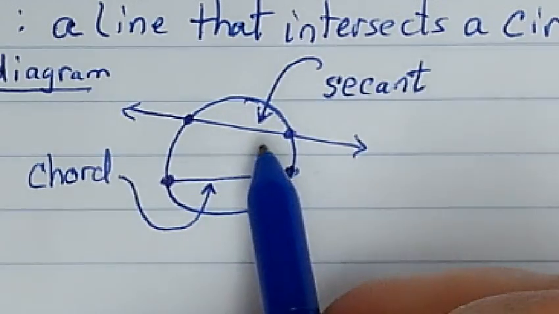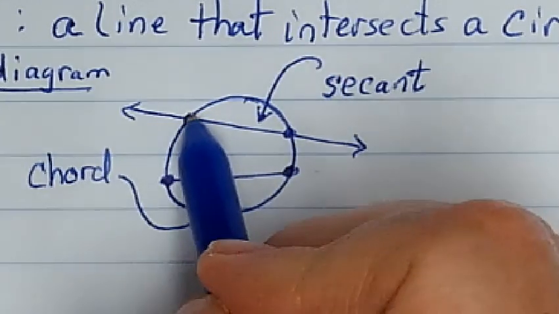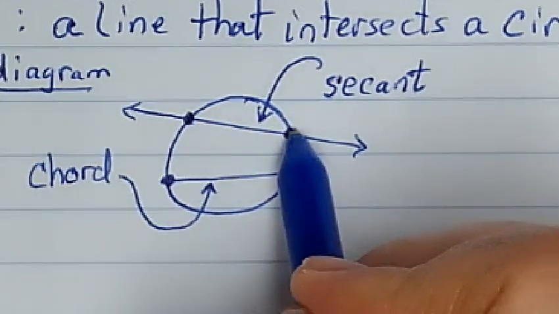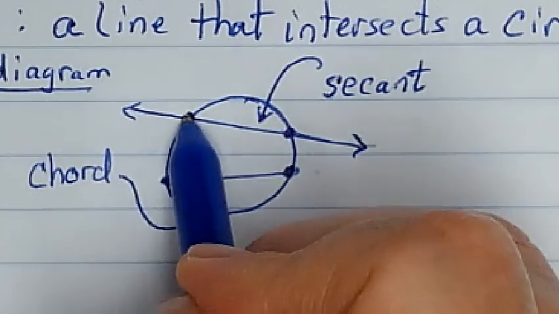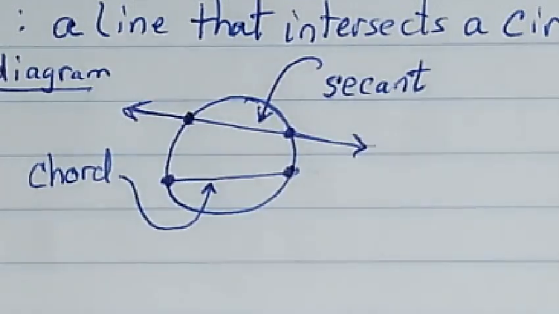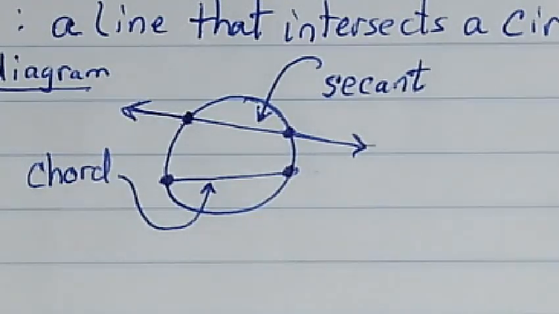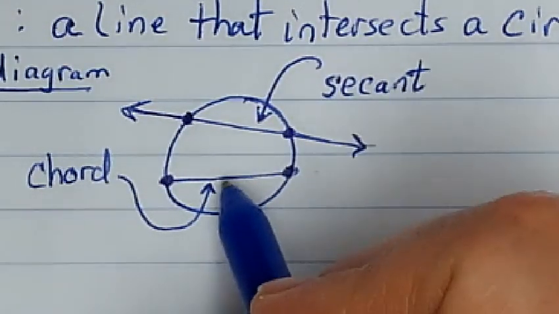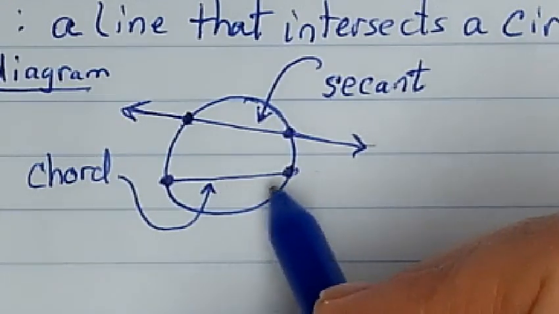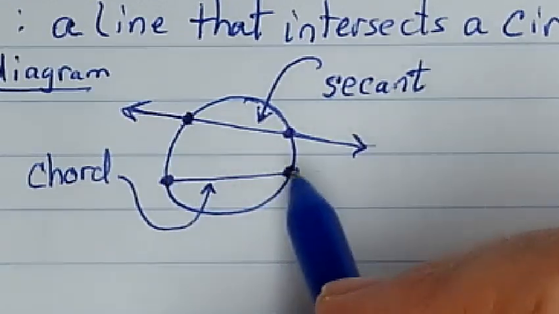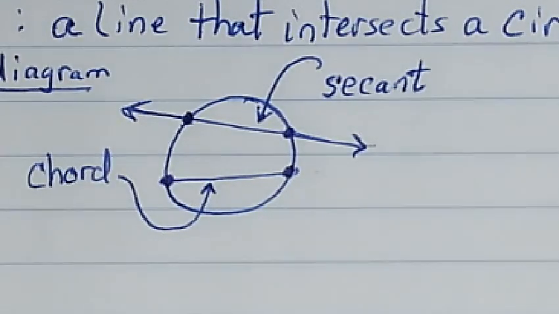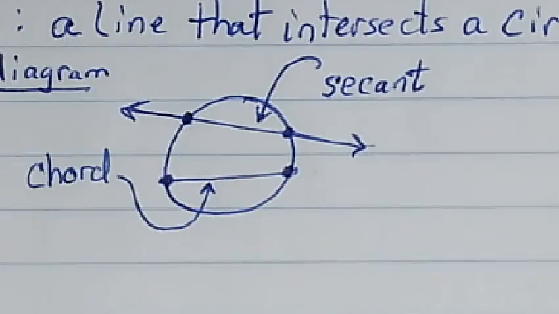But a secant does. Yes, it has 2 points on the circle, but it goes on and on beyond the boundary of the circle because it's a line. So a secant cannot be a chord because a secant extends past the circle where a chord does not. Does that make sense how I compared those two? Yeah, a chord is not a secant. That's why. Any questions with that?